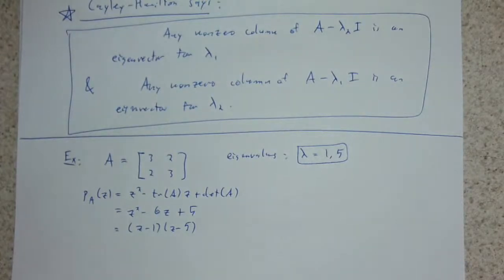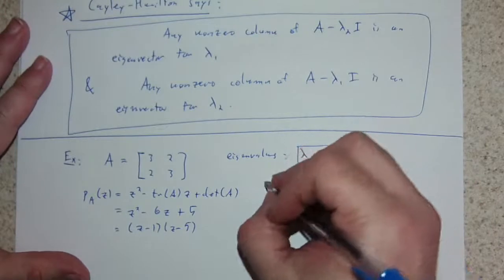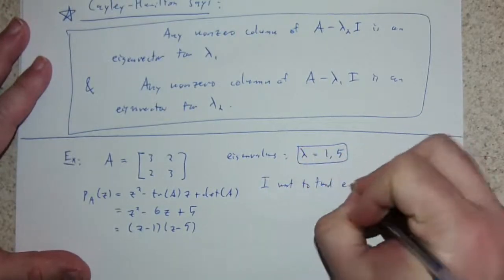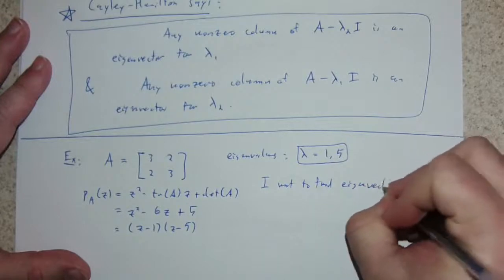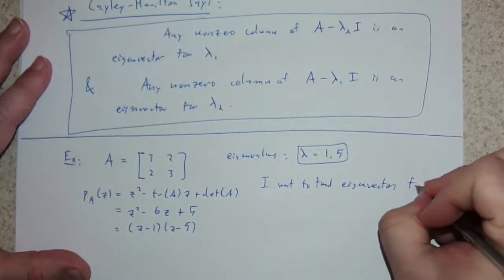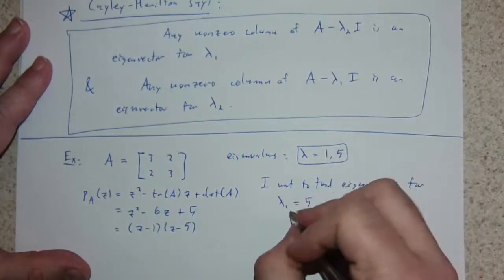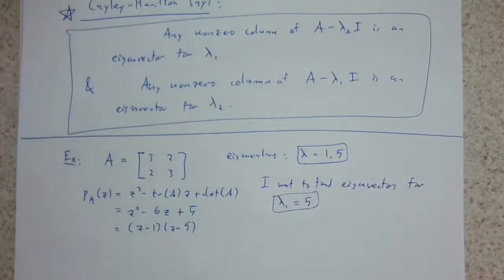All right. And so I'm going to treat 5 as the first eigenvalue. So I want to find eigenvectors for lambda 1 equals 5. Okay. Let's go back to the two methods.